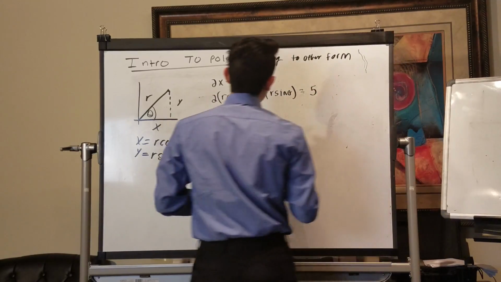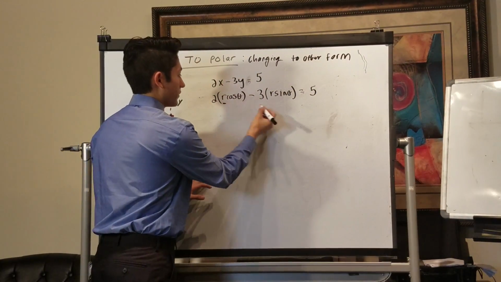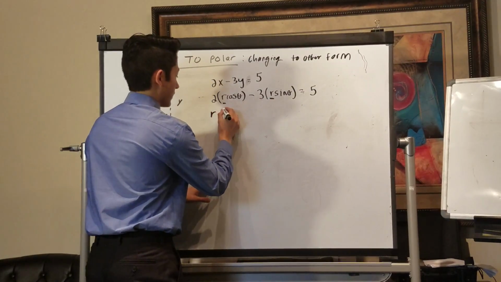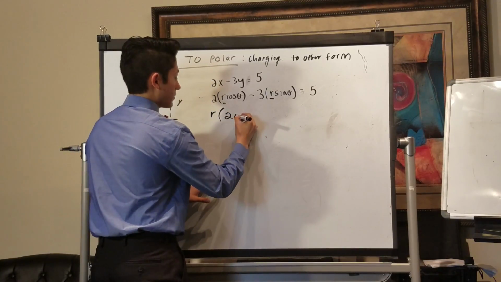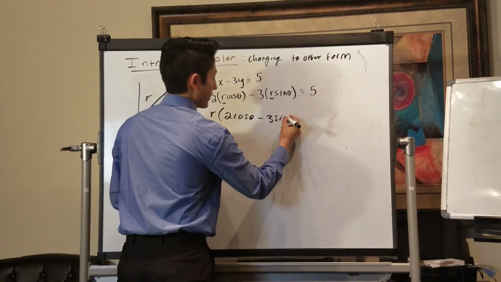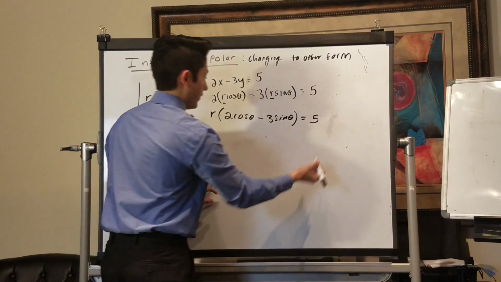Now we will be solving for r. Both of these have a common variable of r, and we can take that out and do r times the quantity 2 cosine theta minus 3 sine theta, is equal to 5.